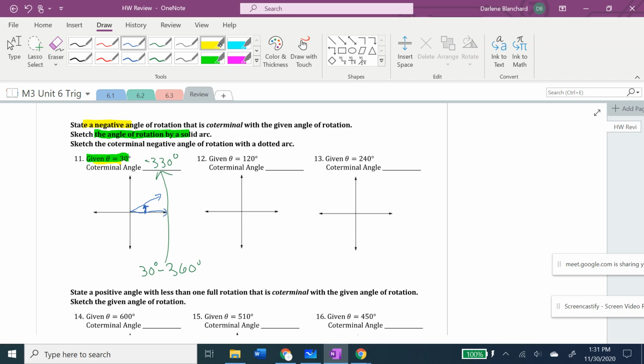Then you're going to sketch the coterminal negative angle with a dotted arc. So what that means is you're going to start on the positive x-axis, but head backward to show that you understand that that's the negative direction, and we'll end in that very same place.